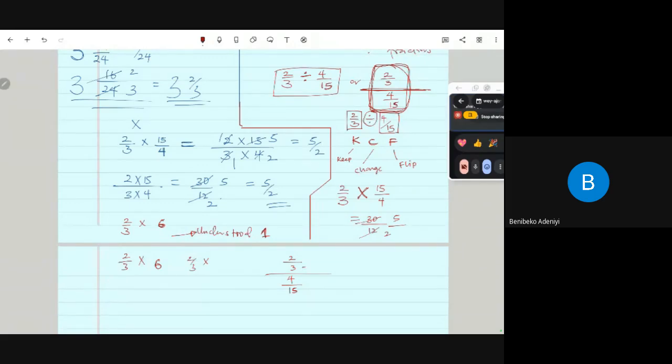How I do it. So this is numerator, denominator, numerator, denominator. 3 times 4, 12, that will be the denominator. Sorry, not 15, 12. Then 2 times 15, that will be 30, the numerator. You see that?